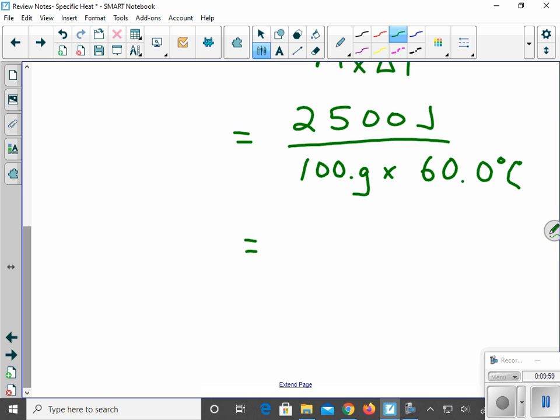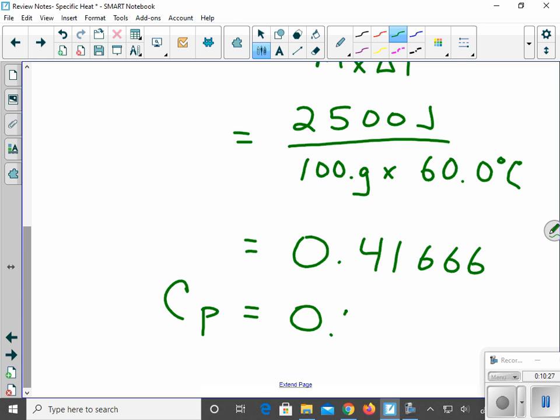Now, when I do this calculation, I take my 2,500, and I divide it by the product of 100 times 60.0. And when I did so, I got a value of 0.41666 repeating. Now, I stated earlier that I had 2 sig figs, so when I 2 sig fig this, my specific heat is going to be equal to 0.42, and I need to get a label.